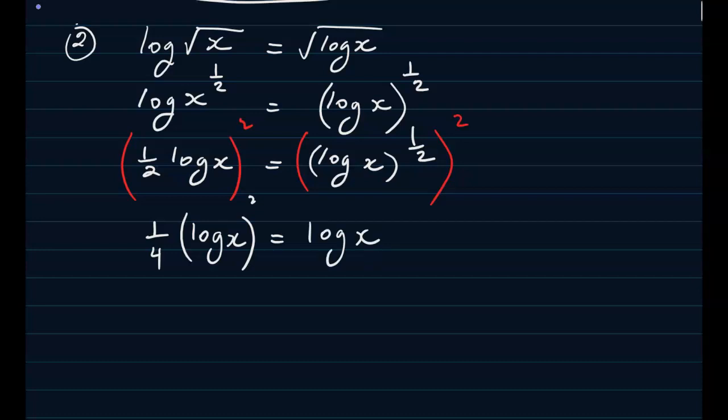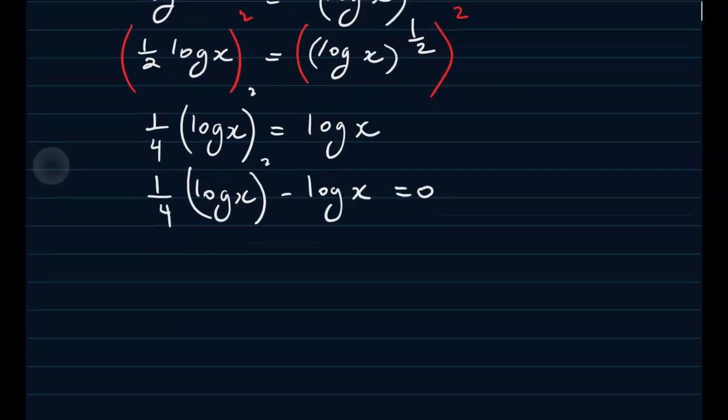Very good. Now we're going to bring everything to one side and solve for x. So now we have 1/4 log of x, all squared, minus log of x, set equal to 0.